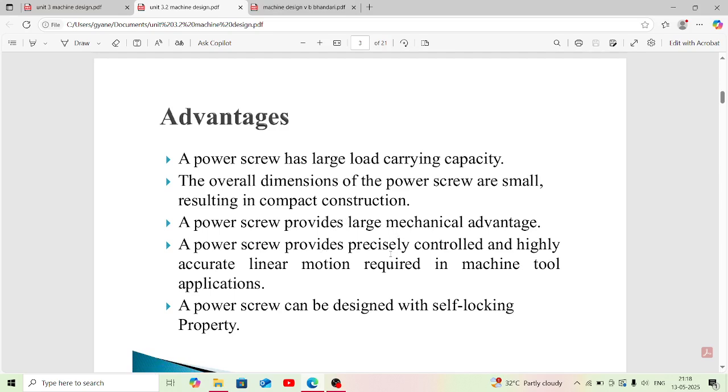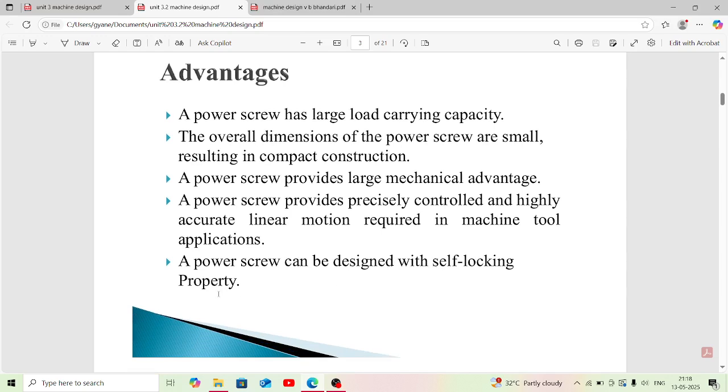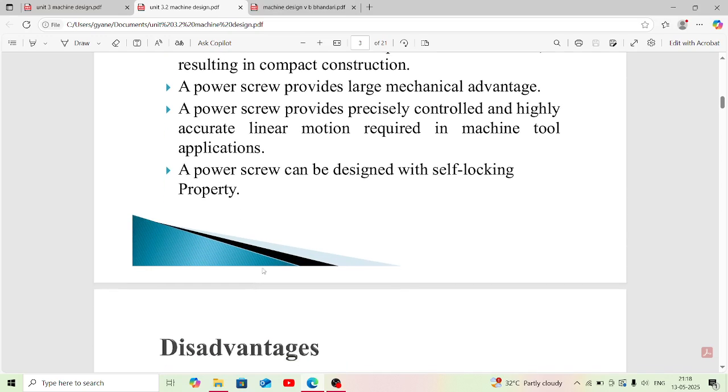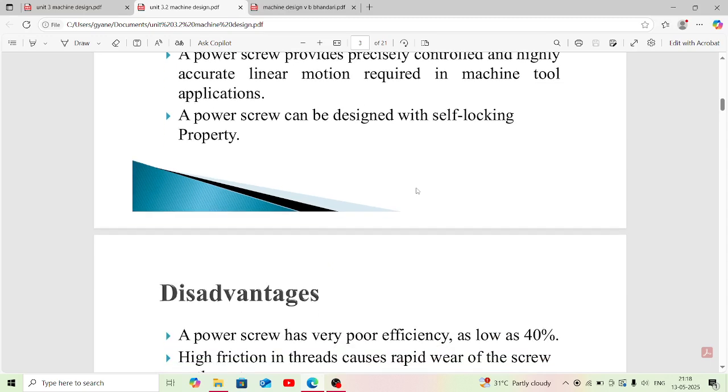Power screws provide precisely controlled and highly accurate linear motion required in machine tool applications, and are designed with a self-locking property. Self-locking means once you set the screw, it doesn't back off.